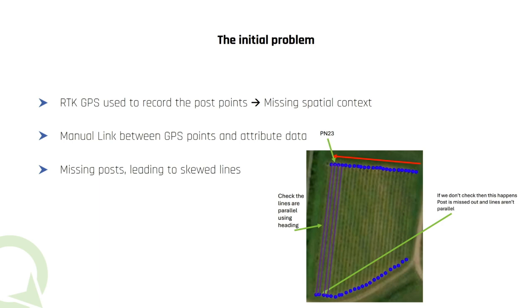What he was doing back then is using a Garmin handheld, and he just recorded the posts. Then he went on the computer and drew the lines. You have a lot of posts and you're zooming out a bit to be more efficient, and you're maybe missing the first one, because generalization showed you only the second one, and you end up having your wine line not being the line that you actually wanted.